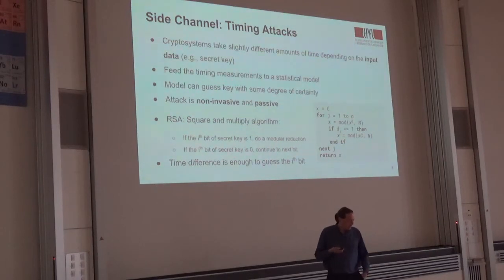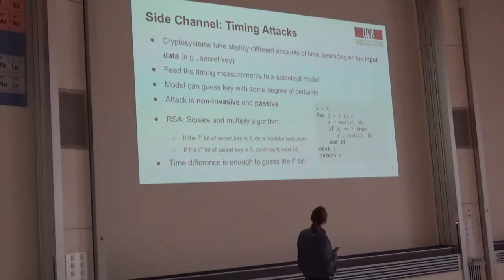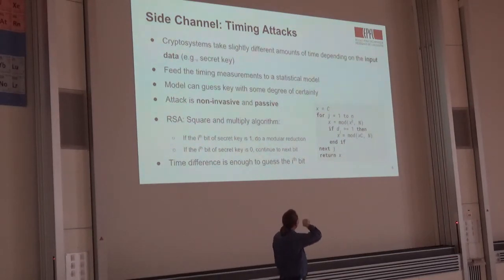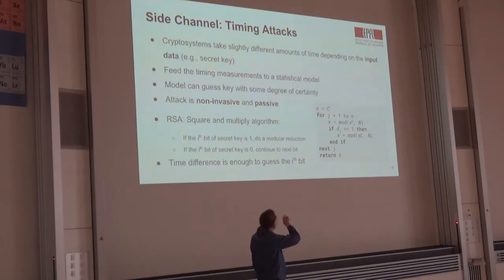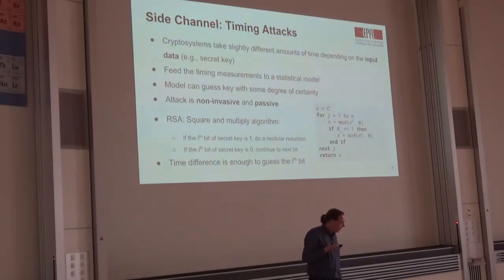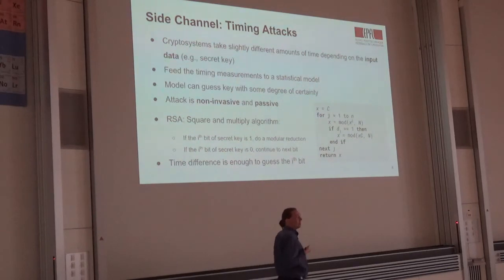is basically to iterate over the bits of the secret. So the secret is D. We first initialize the result X to some constant C, and then we iterate over the bits of input D. J goes from 1 to n, the number of bits, and then we look at whether that secret bit is either 1 or 0.